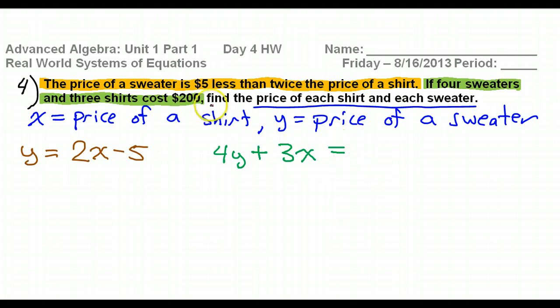And that's going to equal $200. Okay, all right, 4 times the price of a single sweater. That's the amount that I'm paying for sweaters. This will be the amount that I'm paying for shirts. Total of 200. So another good equation. So that's it. I needed my 2 equations and I got them.